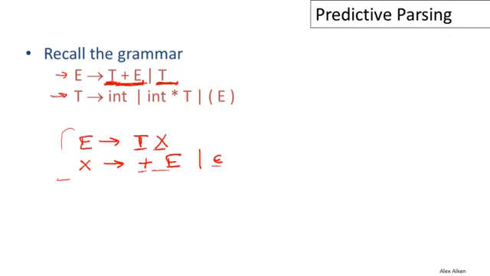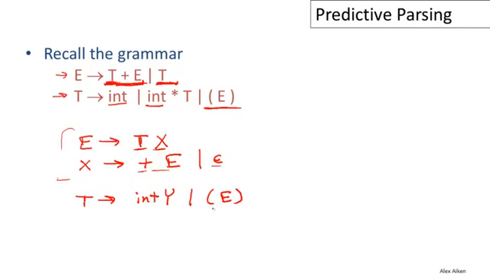Let's do the other set of productions. So we have T goes to, and now the common prefix is int that we want to eliminate. So we're going to have just one production that begins with int, and then we'll have a new non-terminal to stand for the various possible suffixes. And now here we also have another production that doesn't have anything to do with int, and so we just leave that one alone. That production just stays here.